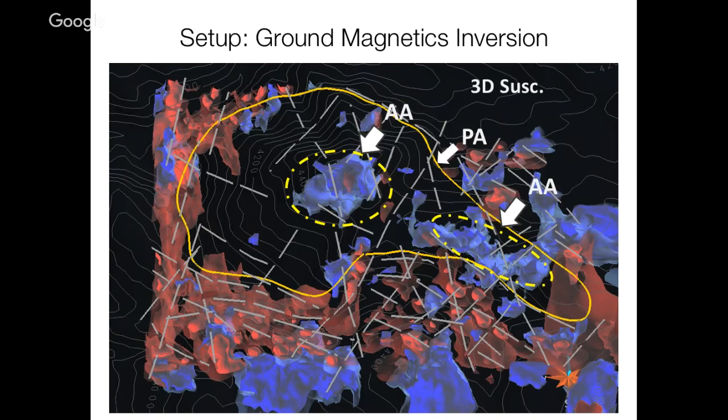The alterations that occur are generally magnetite destructive. So one of the tried and true ways of getting some information about mineralization is to look for magnetic lows in a region that has a background high magnetic susceptibility. And when that was done, this is a 3D inversion of ground-based magnetic data.